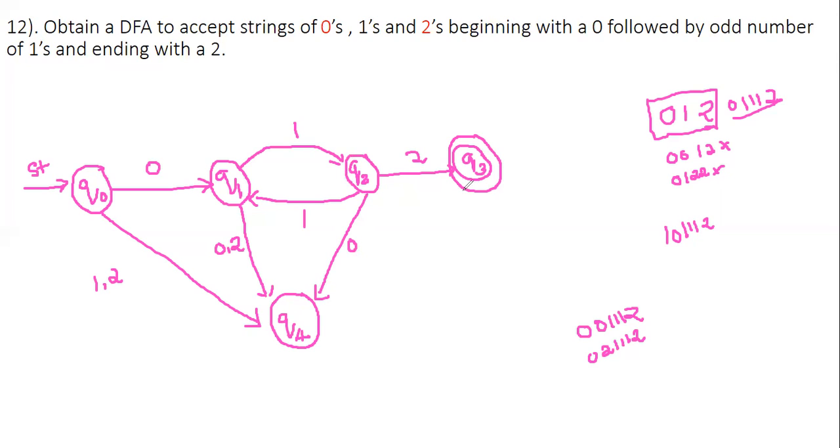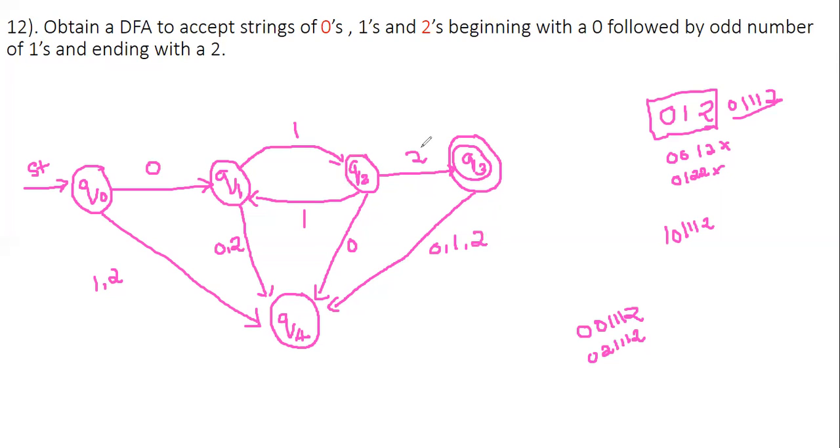Now the final state, Q3. If it is receiving, how many transitions are we left with? All three transitions. If it is receiving 0, it should go to the trap state. If it is receiving 1, also the trap state. If you are receiving 2, also a trap state.